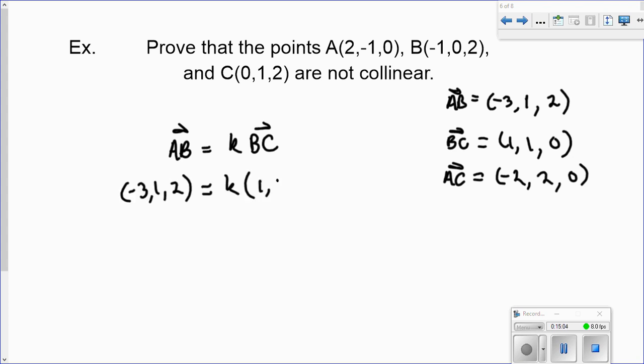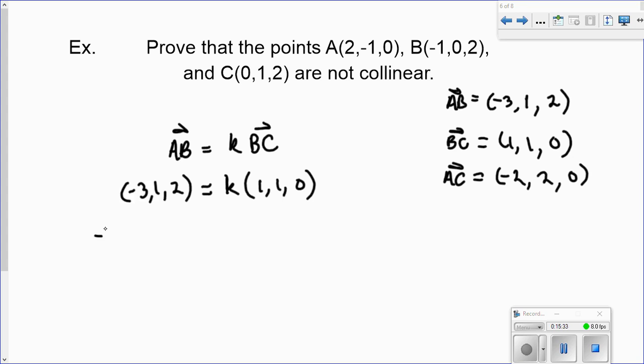What this question is asking is, is there a scalar multiple, a value for k, that this statement is true? Some students will see this right away, that it's not going to be possible. There's no way I can write a connecting statement here where k equals one single number that allows these two direction vectors to be the same.